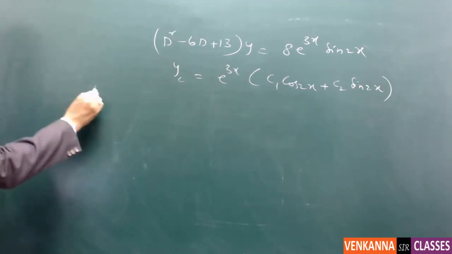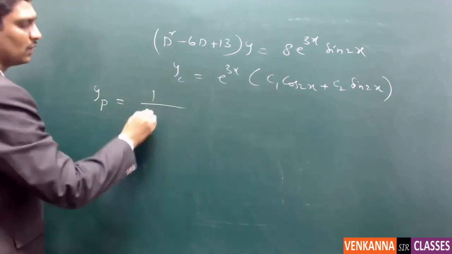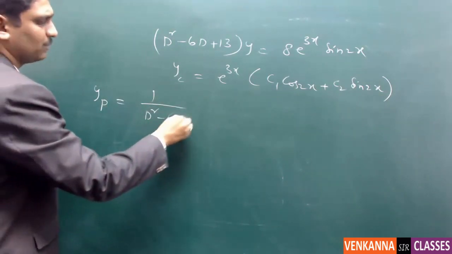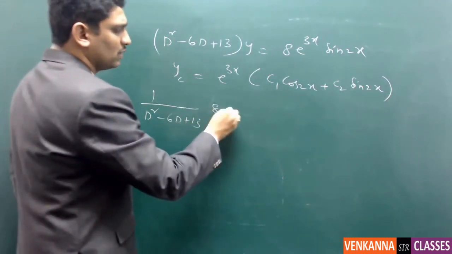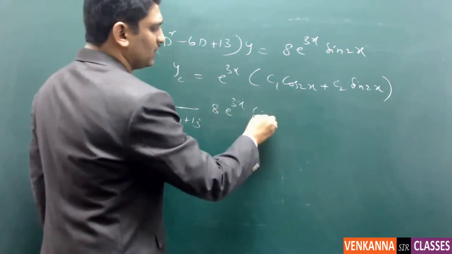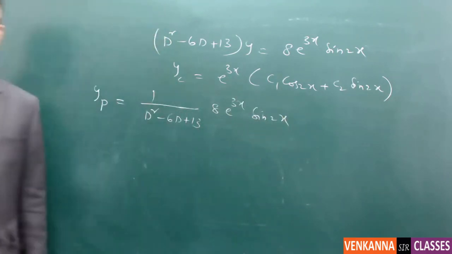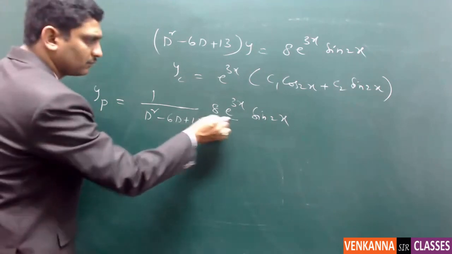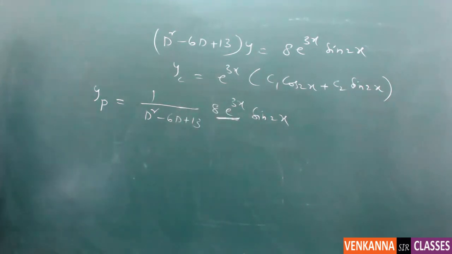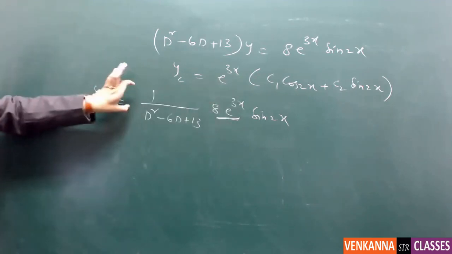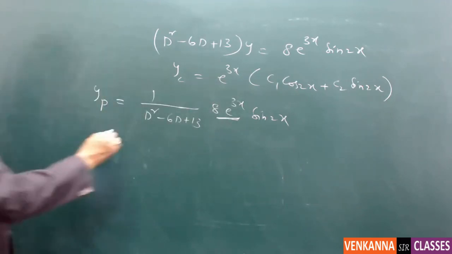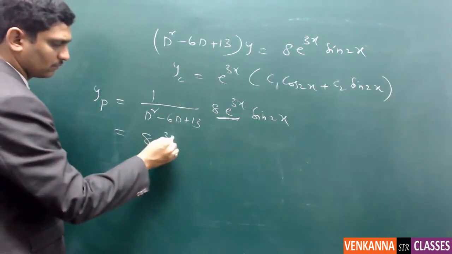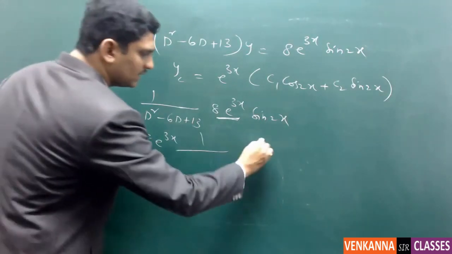So for YP, 1 by d square minus 6d plus 13 into 8 e power 3x into sin 2x. Whenever this thing is there, always remember that the exponential part should be taken to the front, and this will remain here.